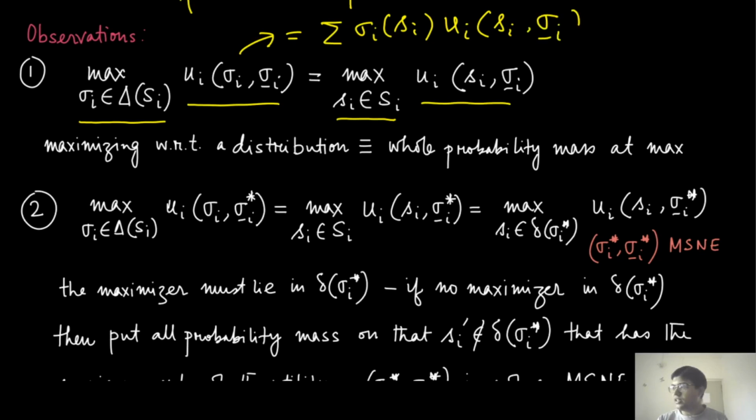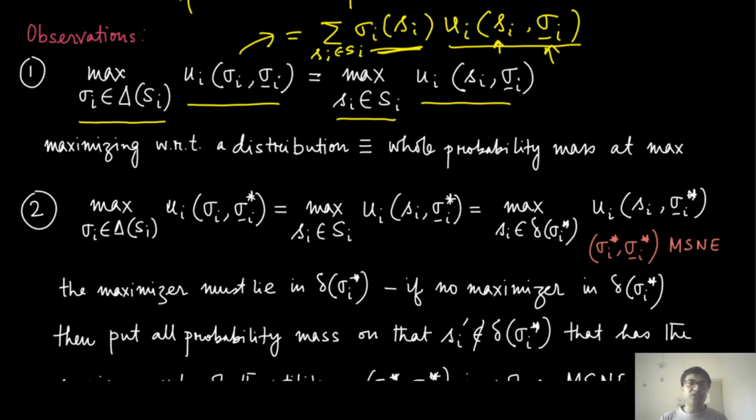This is the utility that agent i gets when agent i picks the pure strategy s_i and other players pick the mixed strategy sigma minus i. Now sigma i is a probability distribution, so these are all non-negative weights, and you are taking a weighted average of all these utilities.